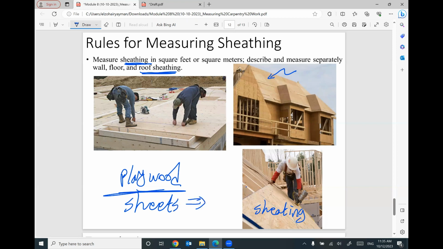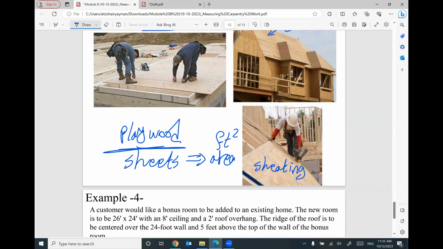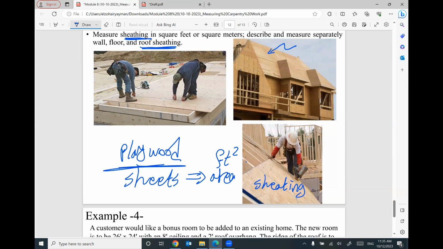These sheets are measured in area, square feet or maybe square meters. Does that make sense? So this sheet is measured in area, not board foot, not linear foot, but in square feet. So to figure out how many sheets I need, you have to figure out the total surface area for the front of your house.